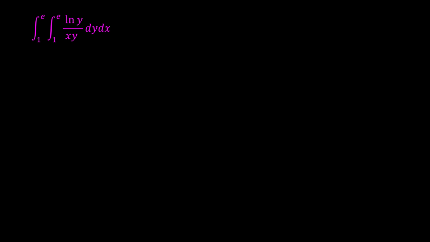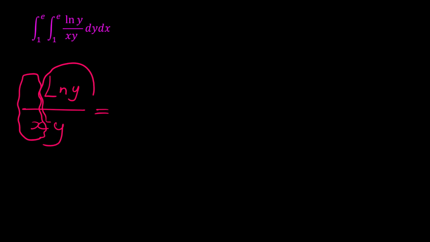Integral from 1 to e, integral 1 to e of ln of y over xy dy dx. The function that here we have is ln of y over xy. If you pay attention, this part is only in terms of x and this part is only in terms of y.